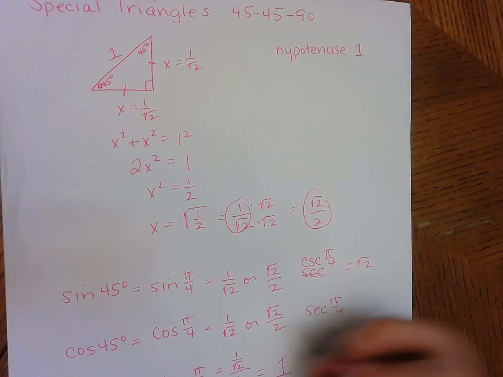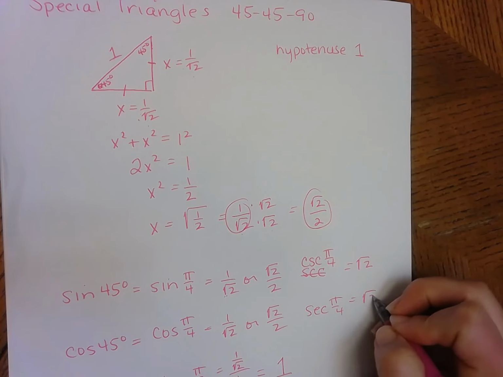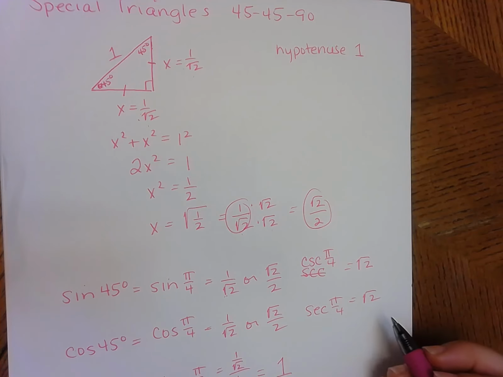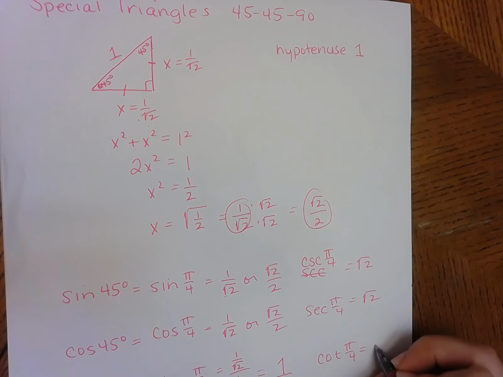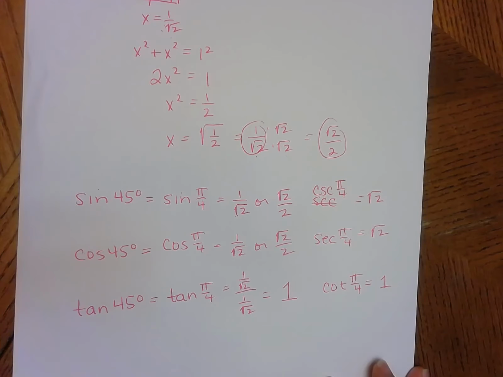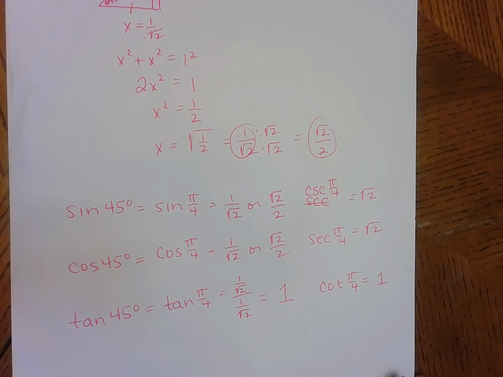If I use this one and flip it over, I just get the square root of 2 because it would be the square root of 2 over 1. If I flip this over and rationalize the denominator, I still get the same thing. And cotangent, the reciprocal of 1, is also 1. So those are all of my trig values, sorry about that, for pi over 4 in a 45, 45, 90 triangle.